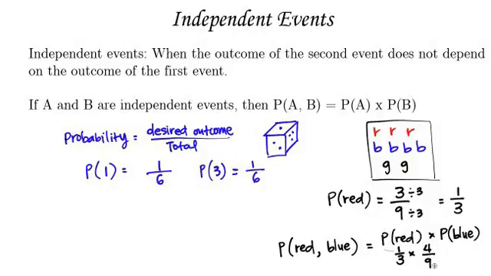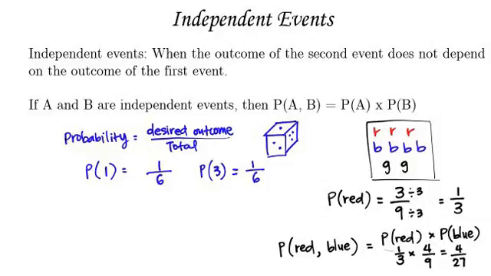Again, after we pick the first marble, we put it back in the bag. So now it's the original, same number of marbles when we pick the second one. This is 1 times 4 is 4 over 3 times 9 is 27.